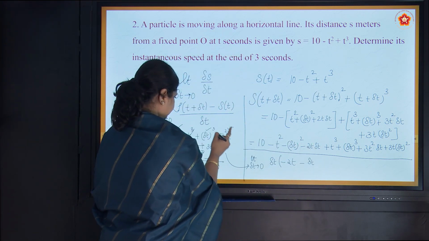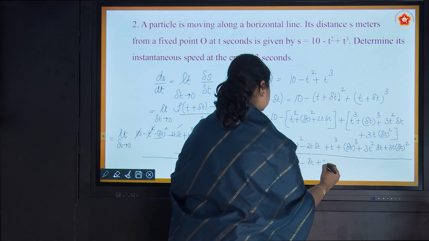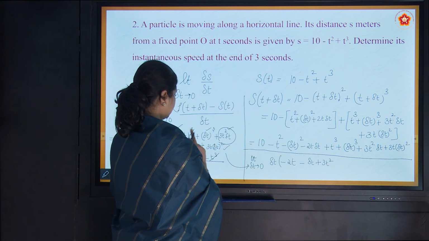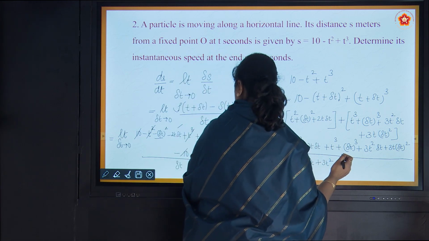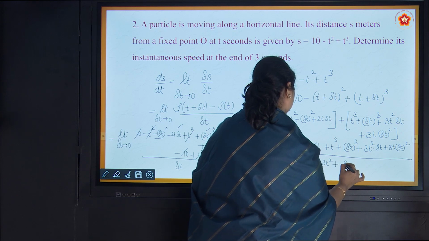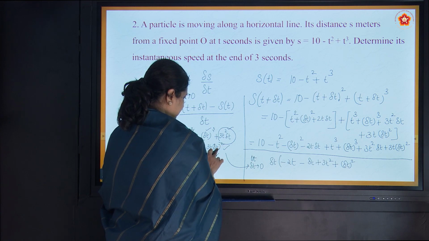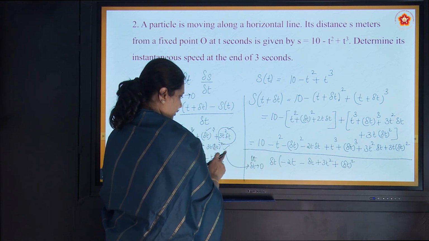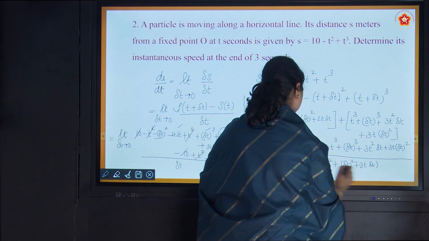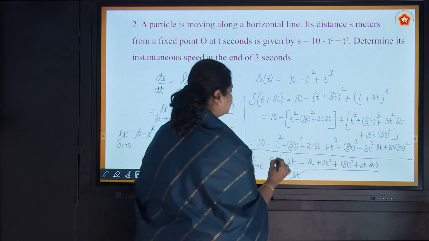And then with this delta t out, we have plus 3t square. And then delta t the whole cube, again the delta t is out, I have delta t the whole square. And then here delta t square, 1 is out, so I have plus 3t delta t, divided by delta t. So again I can just cancel it out.